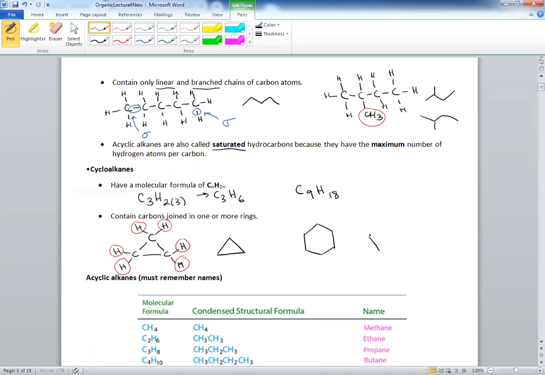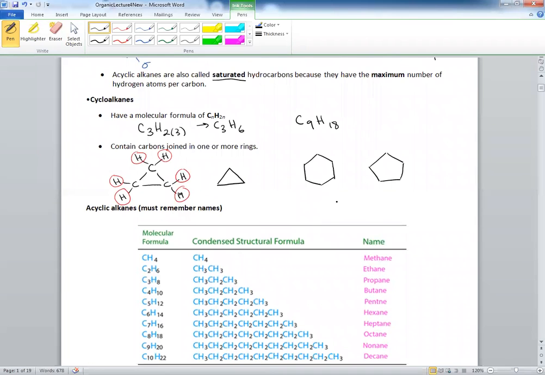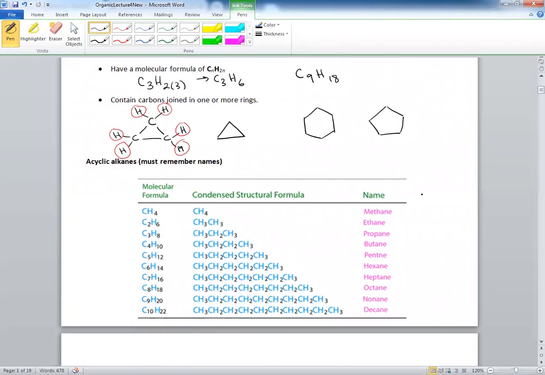Of course, here's cyclopentane, etc. So all of these are existing molecules. And of course, you see this all the time in carbohydrates, fats, lipids, etc. So a carbohydrate has, for example, a 6-membered ring, or 5, etc.